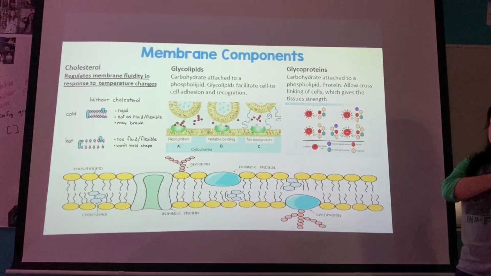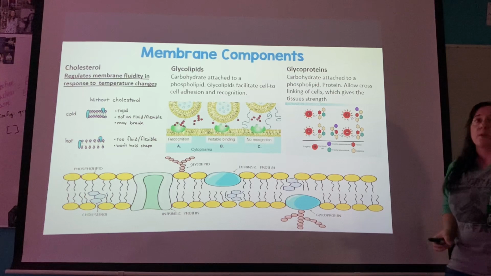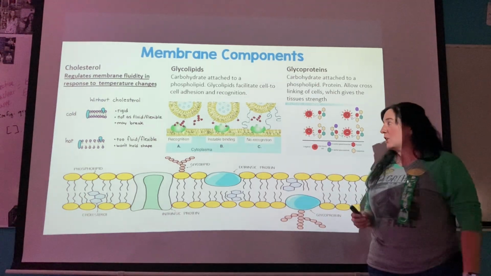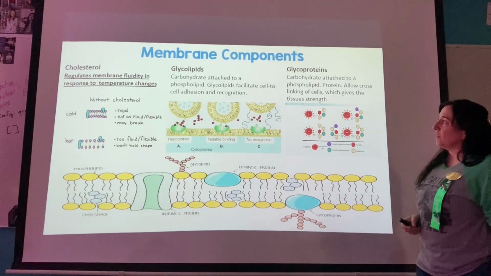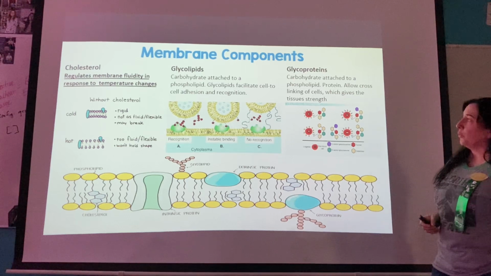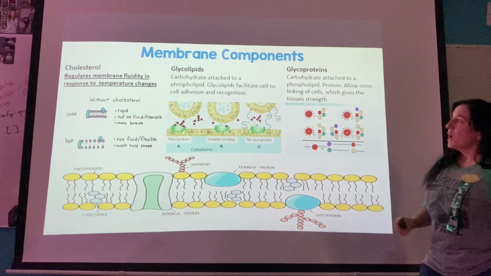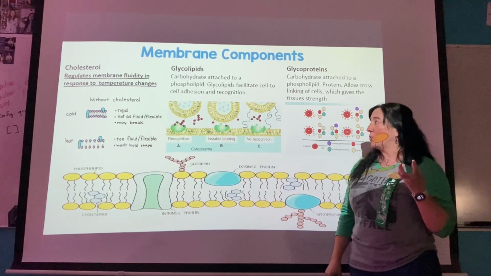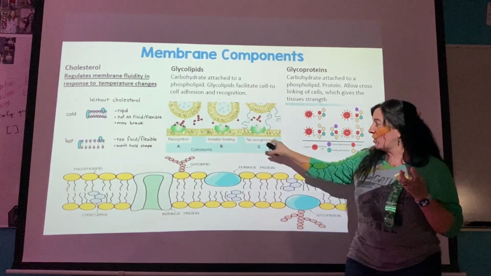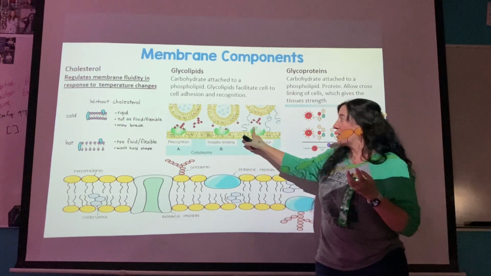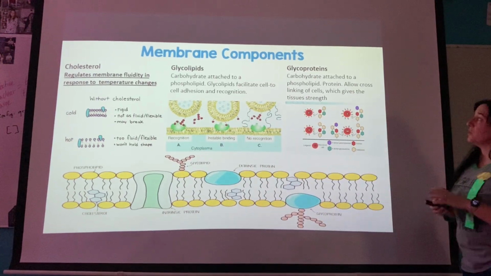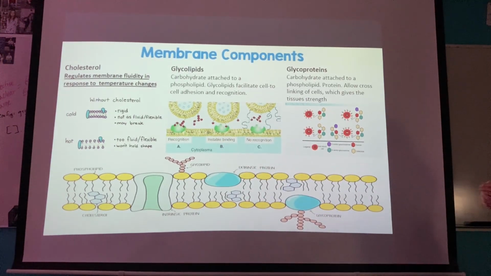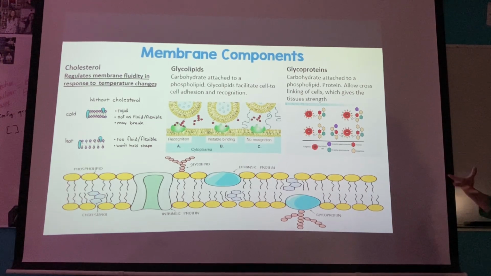So we take some of the cholesterol out, so that the phospholipids can line up a little easier. All right, and then you've got your glycolipids and your glycoproteins. Your glycolipids help with cell recognition and to adhere to other surfaces, to other cells. Your glycoproteins are going to be linking of cells, giving the tissue some of its different strength.